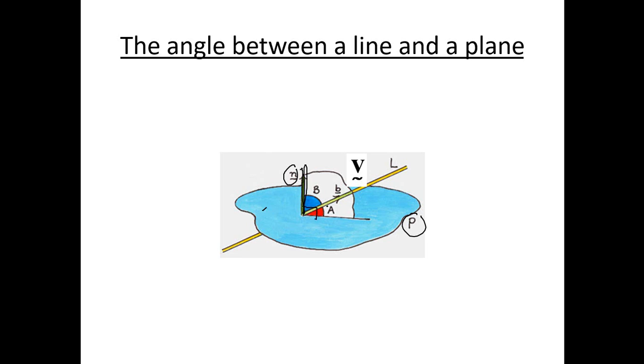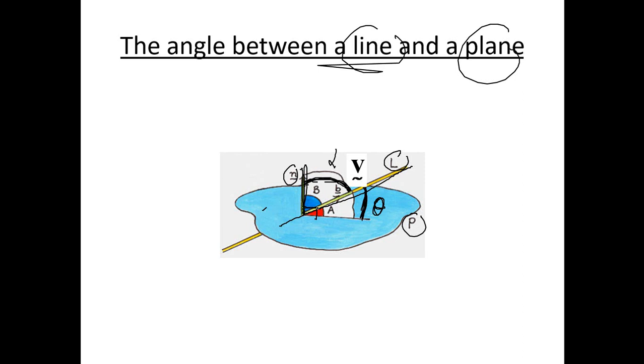And the line L, the yellow line, has V, a direction vector for L. To find the angle between the line and the plane, first we need to find the angle between N and V. This is alpha.